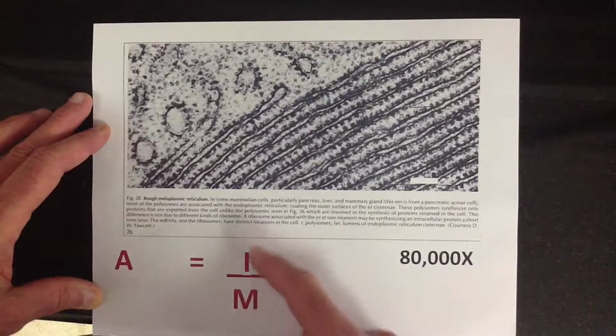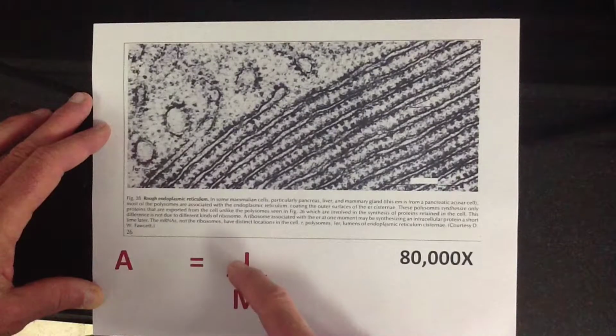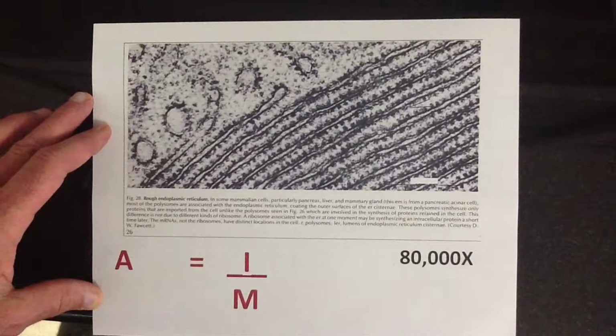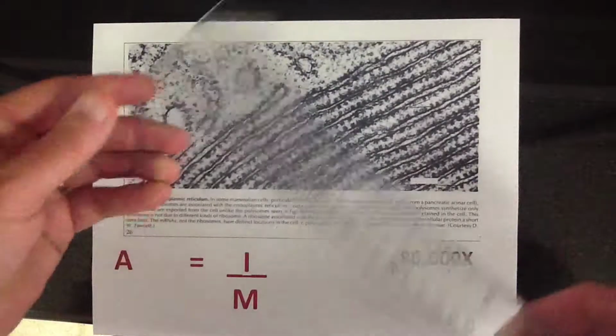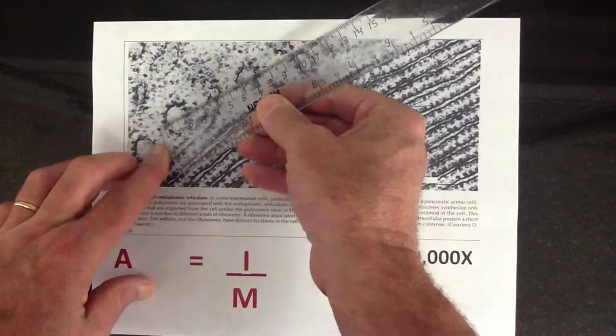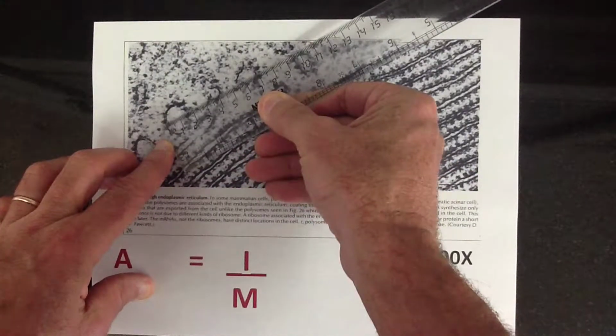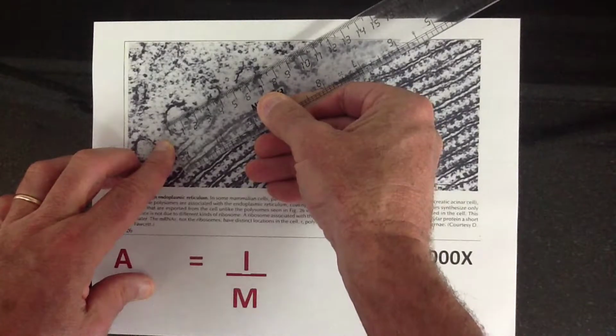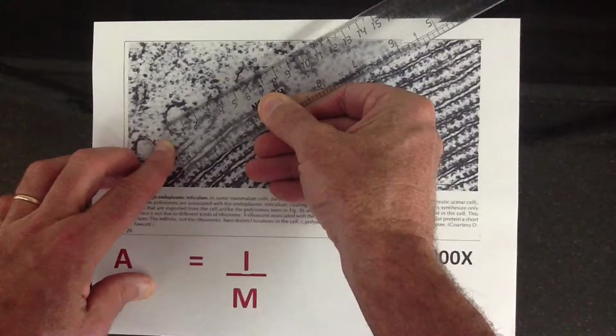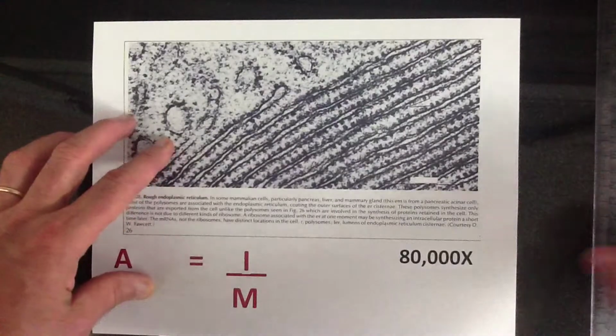What I need to determine is the image size value for the numerator. I'm just going to choose a structure in the image. I'm going to take my ruler and measure the diameter of this vesicle, which is just pinched off the ER. It's a little hard for you to see again because of the contrasting colors, but the diameter is 1.6 cm.